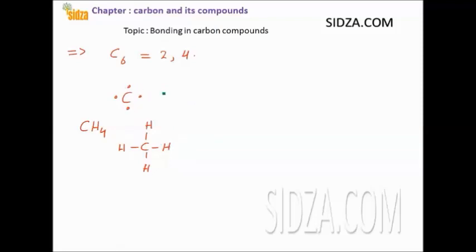A hydrogen atom also has 1 electron. So this electron pair is being shared by the carbon and the hydrogen. Another hydrogen atom, almost the same situation, sharing of electrons. This one, again the sharing of electrons. Here, the sharing of electrons. So 4 bonds are formed. So you get 4 single bonds in methane.